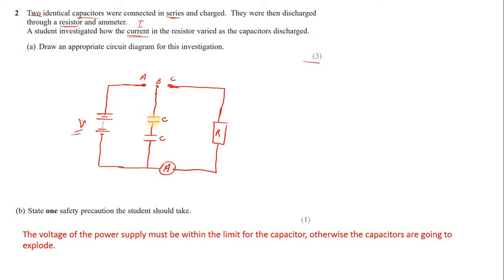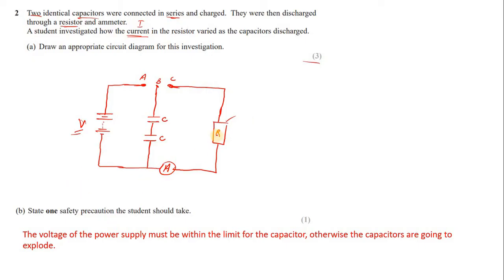So the overall idea is we need to charge the capacitors, and then we allow the same capacitors to discharge. But because we need to measure the time for discharging, we need to first select an appropriate resistor value, so that the capacitors take some time to discharge and we can measure some current.